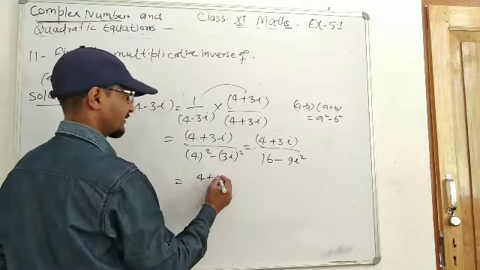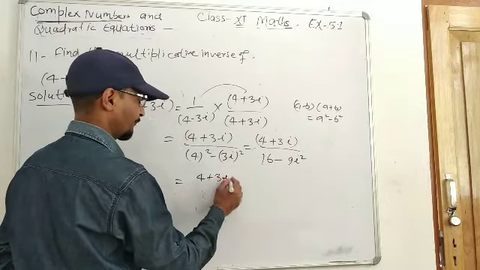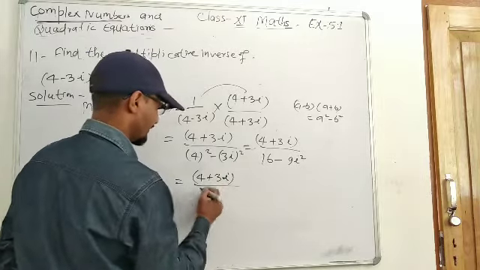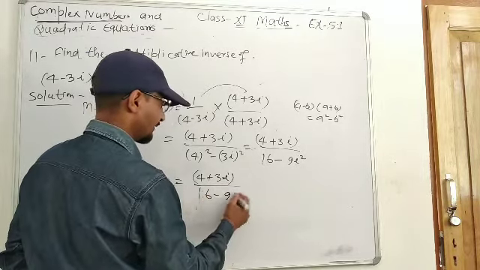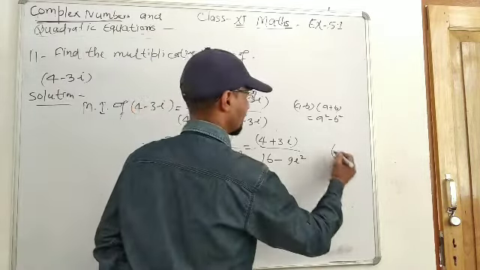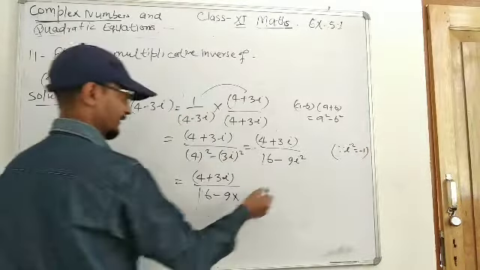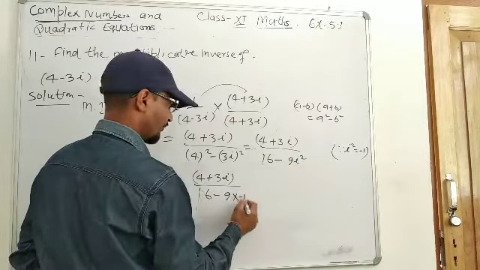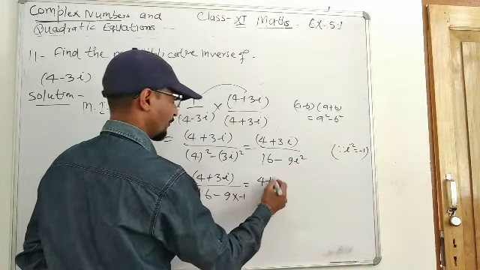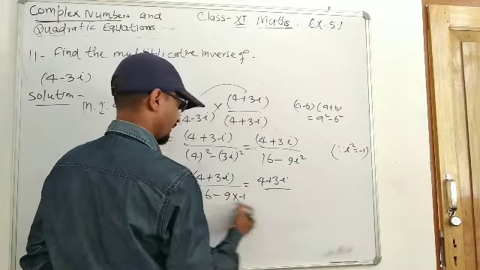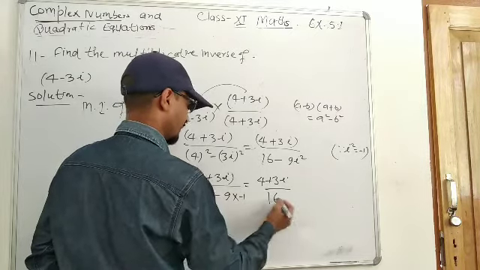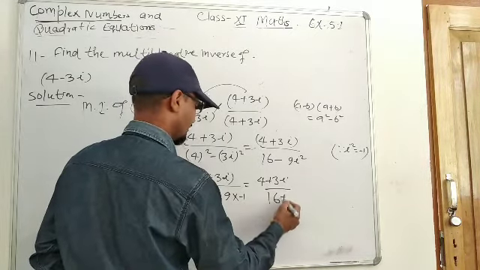In the numerator we get 4 plus 3i. Now 16 minus 9 into the value of i square, and i square is equal to minus 1. In the place of i square we put minus 1. So 4 plus 3i by 16 minus into minus, 9 into minus 1, plus 9.